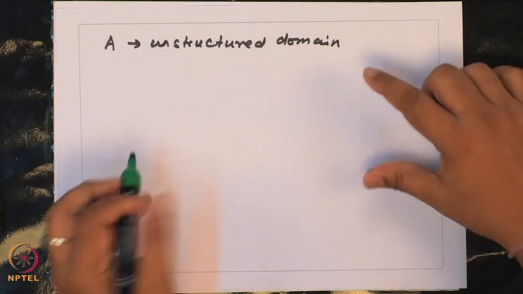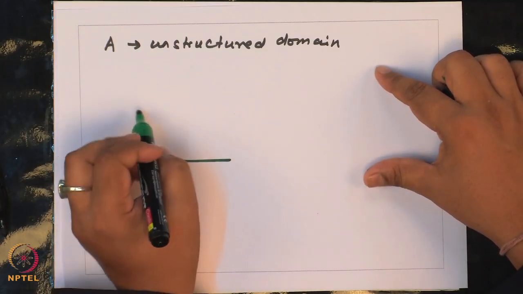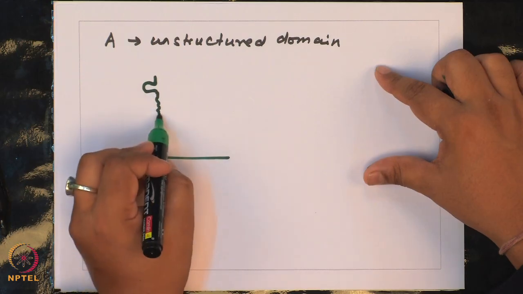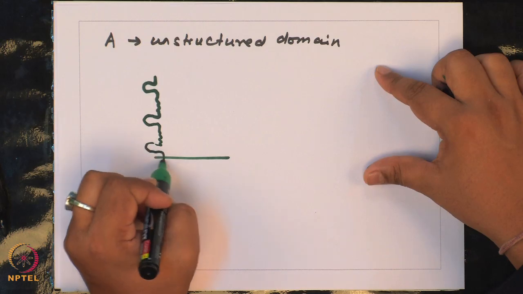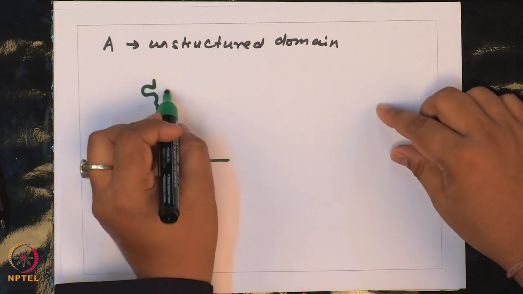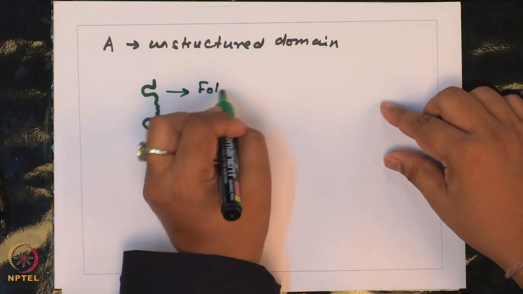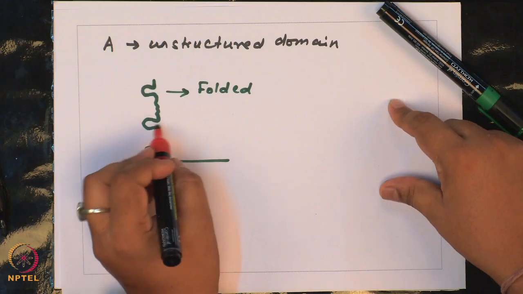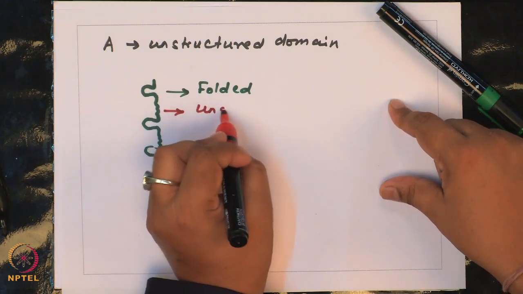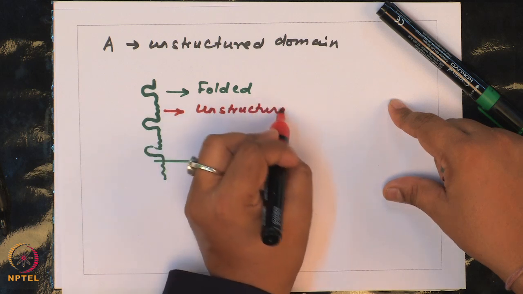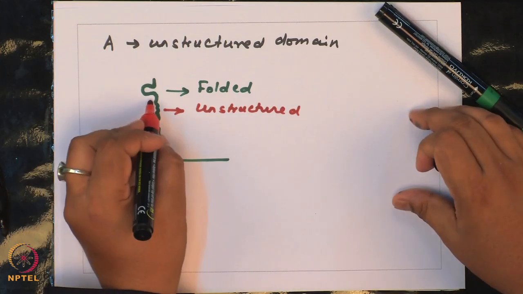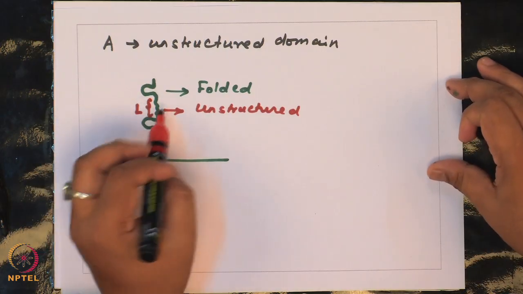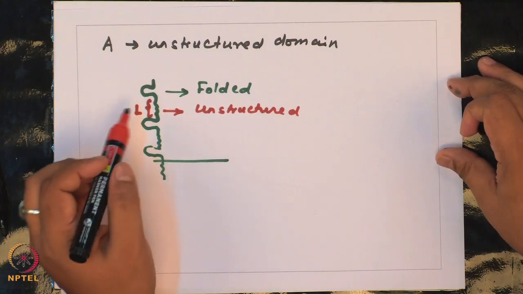For the simple reason that if you have, let us assume, if I draw a protein like, okay. So, these are folded and these are, okay. So, now let us assume that this length is L. Now, because it is unstructured, it will not exactly be present like this.